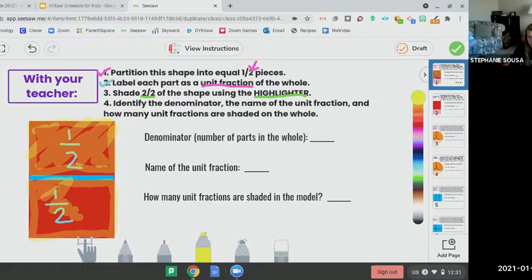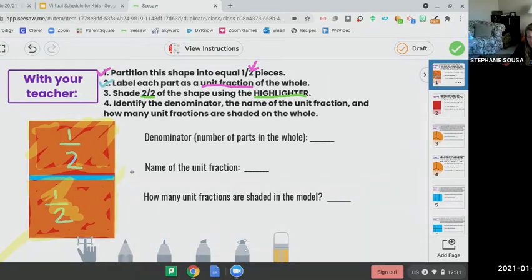You do not have to become a perfectionist or Picasso, but I do want you to make sure that you have most of the shape colored. And I colored out of the lines, so I'm going to erase my scribbles because scribbles are not shading. They are a different art skill. And our directions say to shade the part, not to scribble the part.